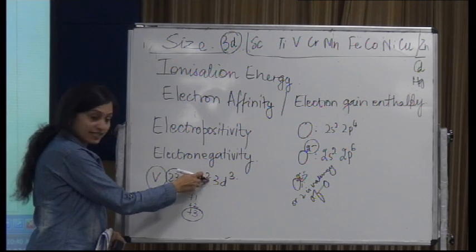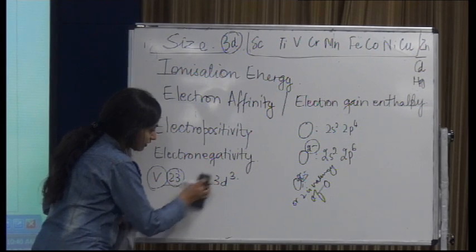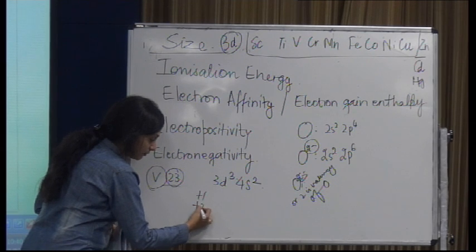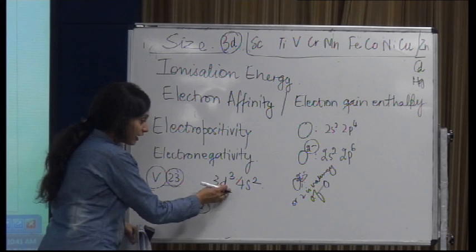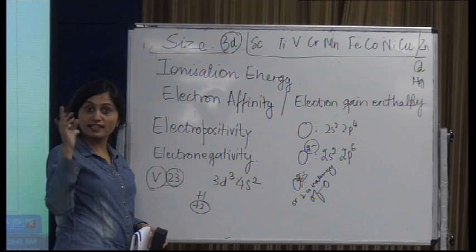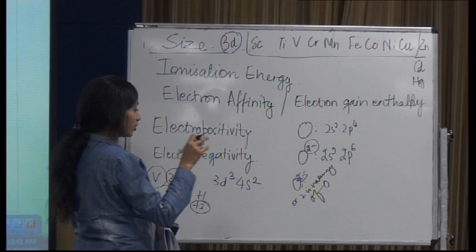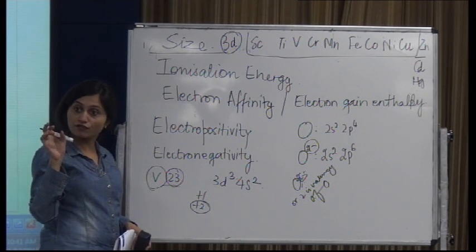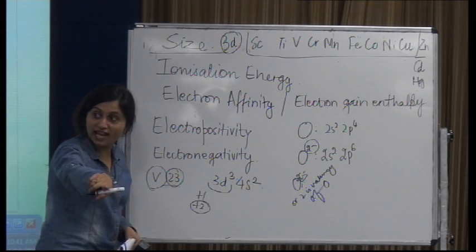Then it can release from the S as well. So it can show +1, +2. +2 is one of the most stable ones. But if it loses the D electrons also, it will become even more stable, because then it will reach the configuration of argon, number 18. So it will try to go towards that noble gas.